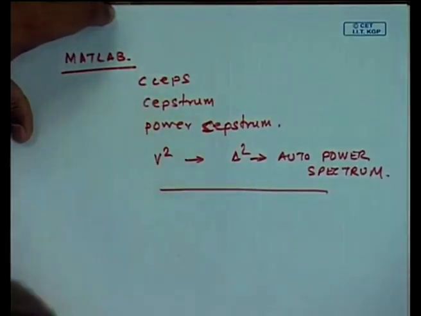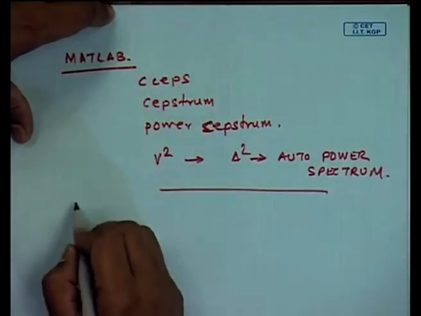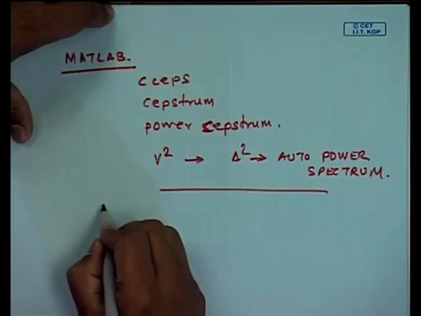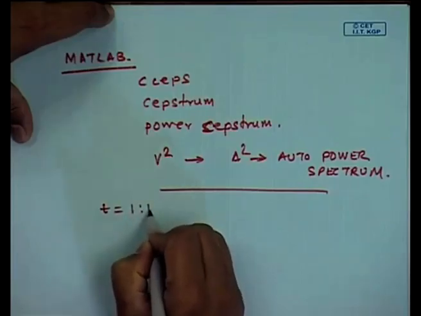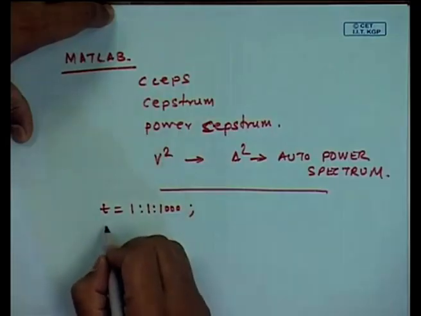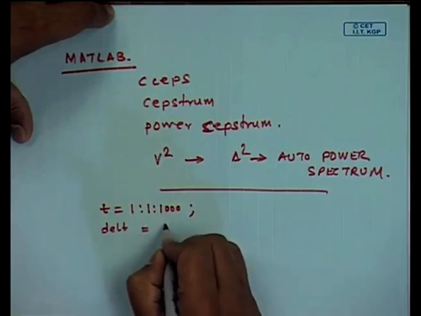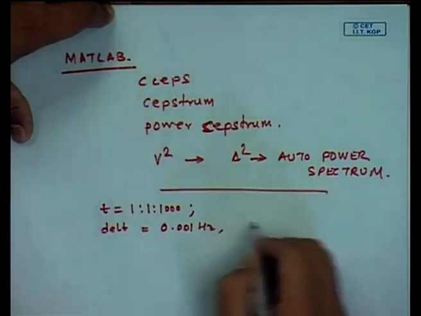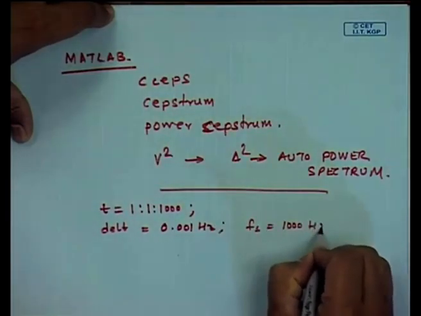For example, in MATLAB you can write your own M file, say for t is equal to, and if I take del t as, say, 0.001, that means Fs is equal to 1000 hertz.